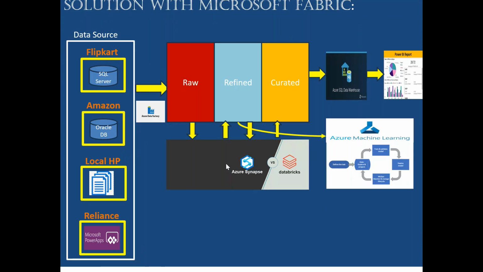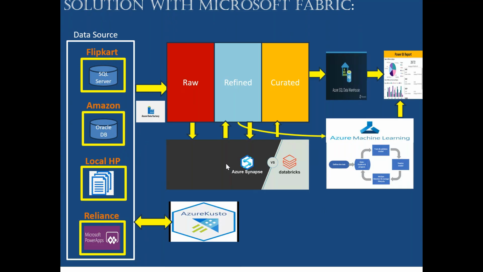Now, this refined data can also be consumed by the machine learning service. Apart from this, for example, you have some real-time data. You will be using Azure Cosmos DB to store the data for providing product recommendation and fraud detection.